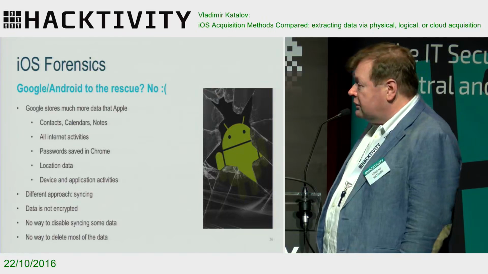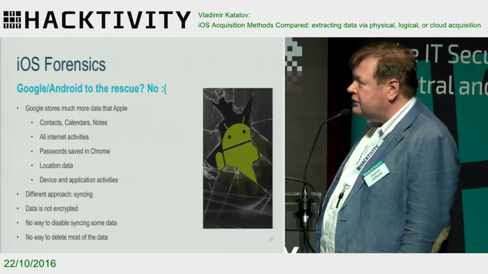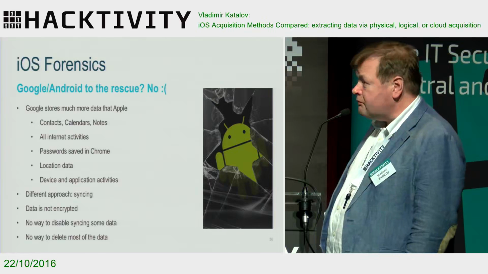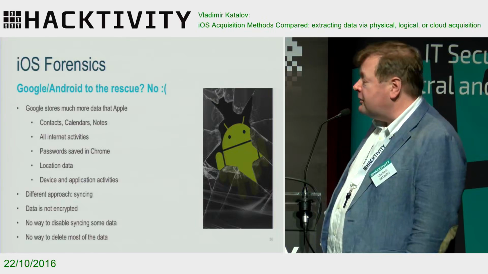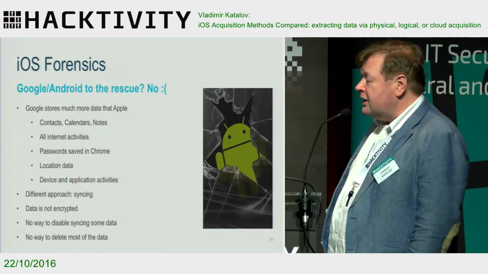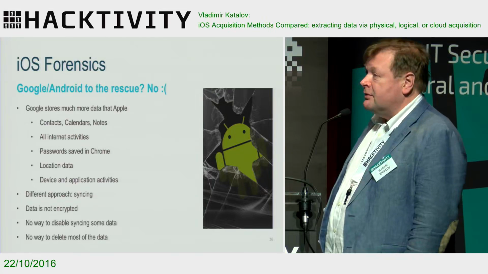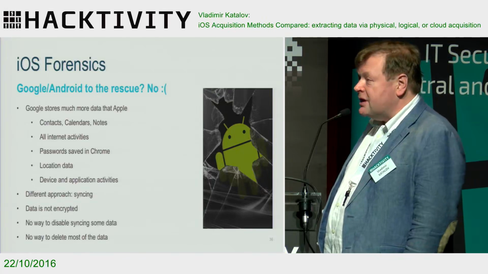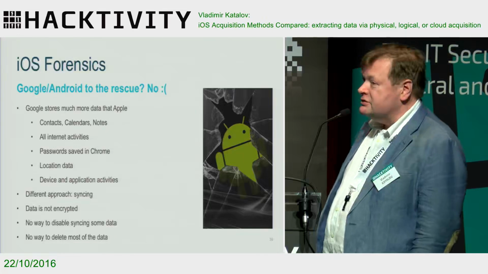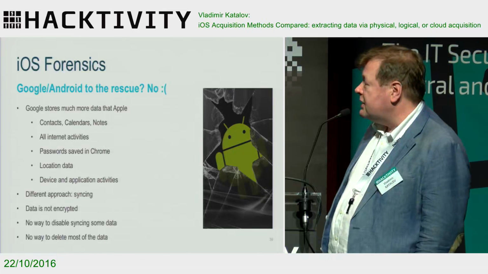And the data is not encrypted in Google, and it isn't really easy to get. You can, of course, go to the Google dashboard and see some of the information that is being synced and even download it into a really huge zip archive, and the information there will not be well structured, some in text files, some in CSV files, or even JSON data, which is not easy to analyze.